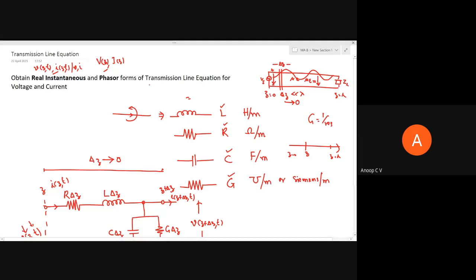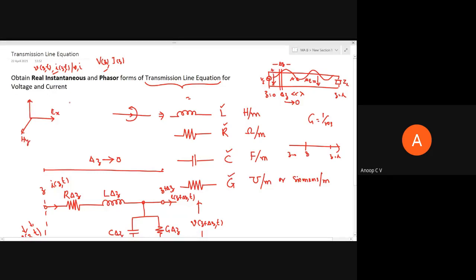Before that, what actually is this transmission line equation? In electromagnetics, you have already studied the wave equation. If I ask you what the wave equation in free space is, you may tell it straight away. Suppose you have an electromagnetic wave with electric field directed along x and magnetic field directed along y, propagating along z.